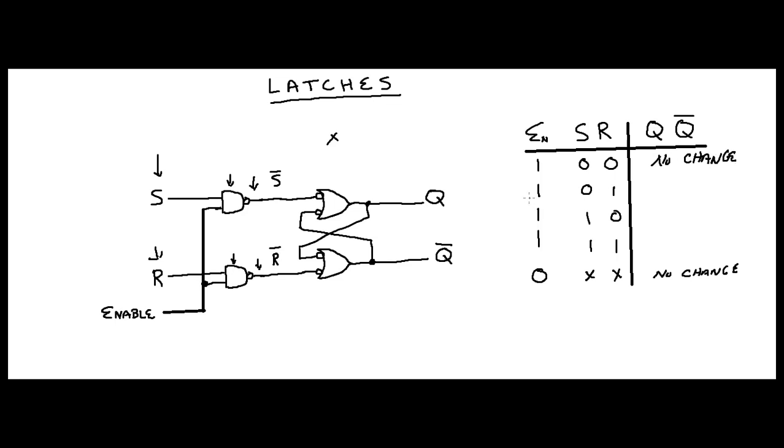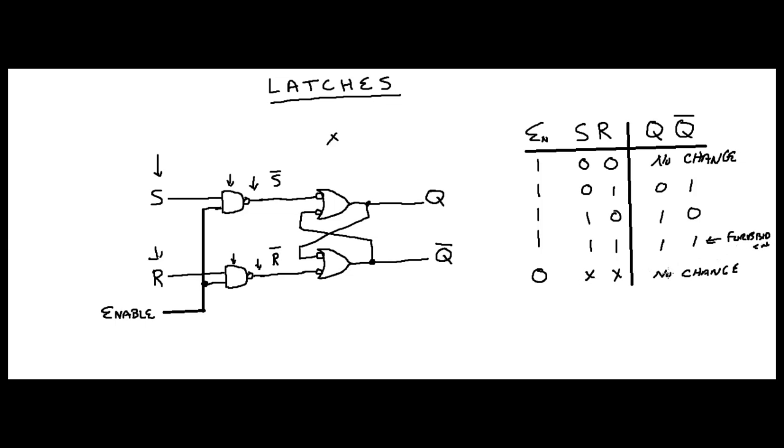Now, in this one, reset is active. In this one, set is active. In this one, both are active. This is your forbidden state.